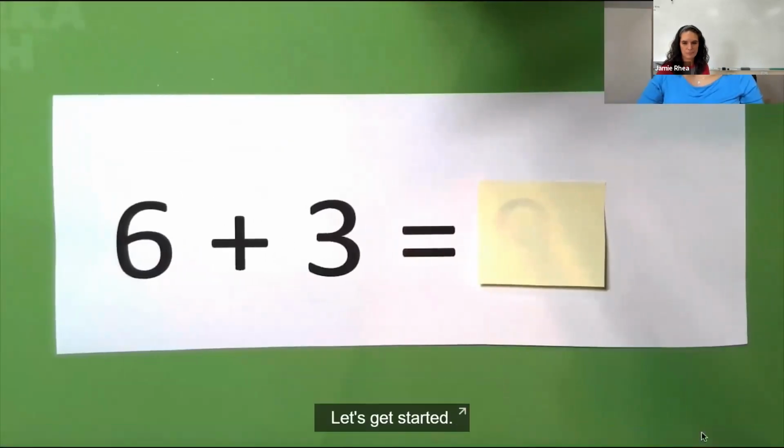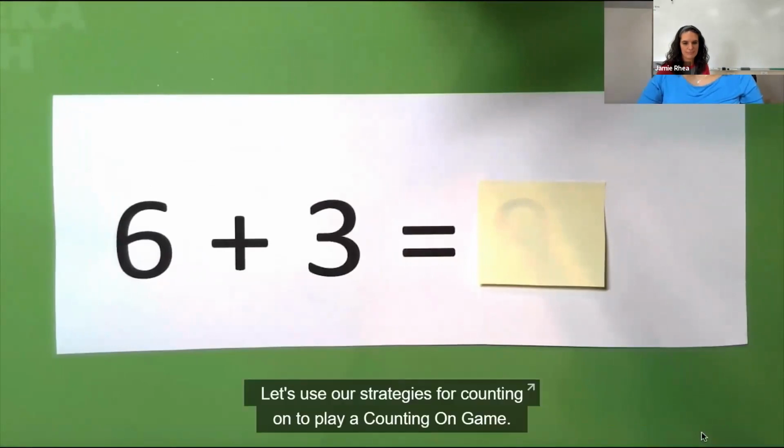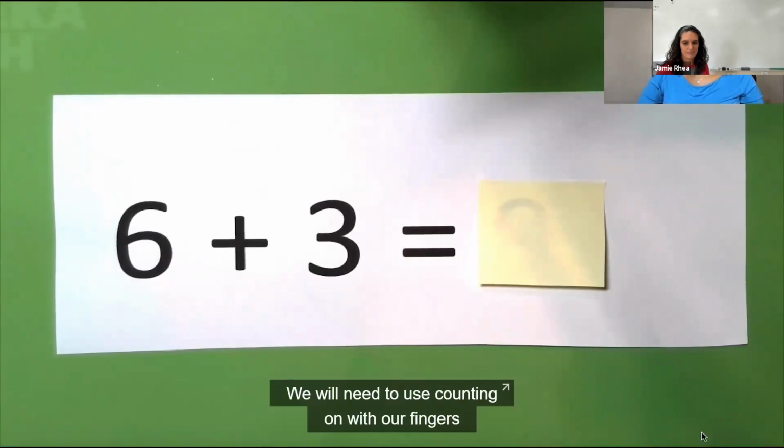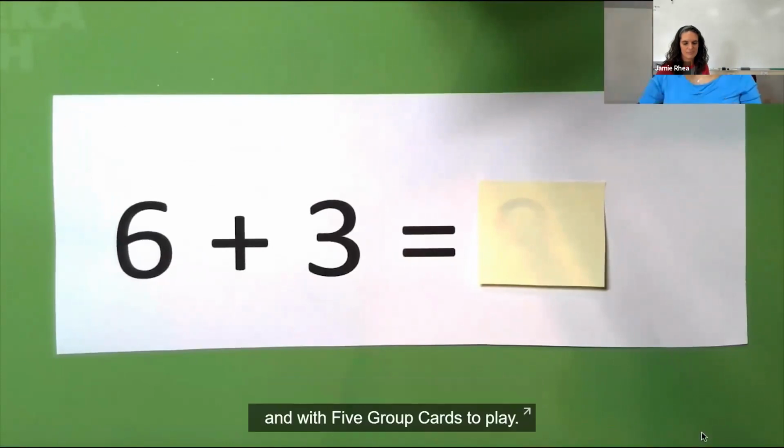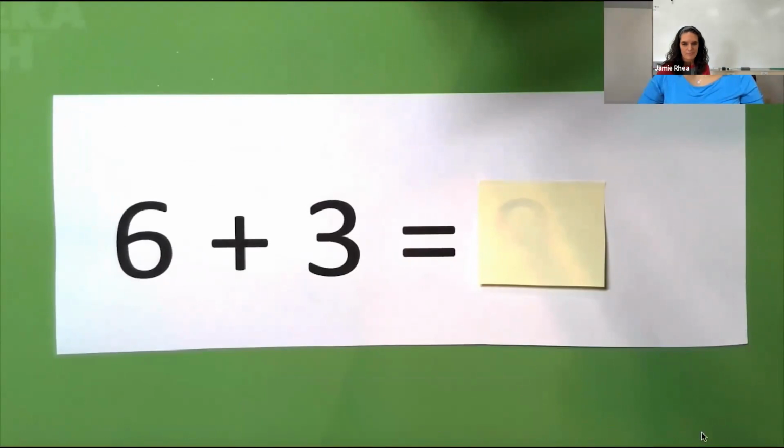Let's get started. Let's use our strategies for counting on to play a counting on game. We will need to use counting on with our fingers and with 5 group cards to play. Take a look at the number sentence. 6 plus 3 equals blank.